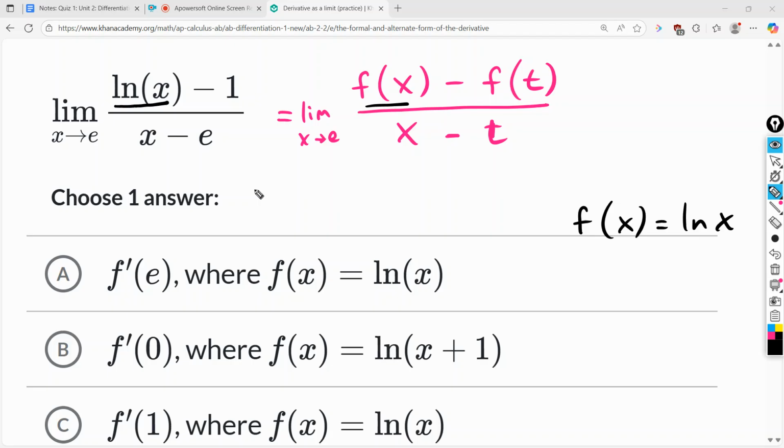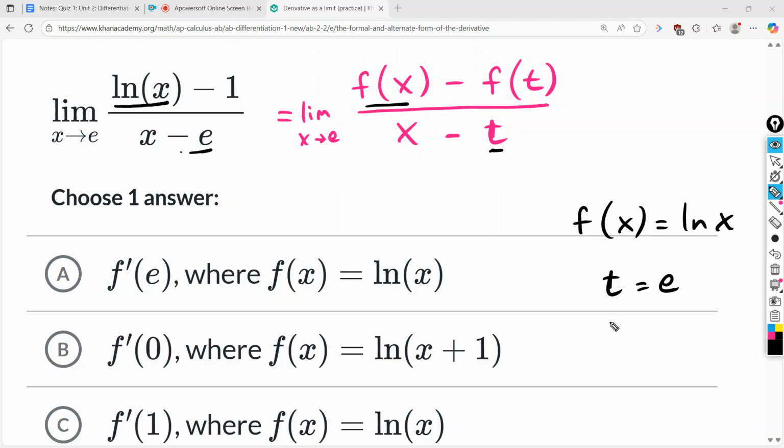And let's see. We can see x minus t, x minus e. So we can clearly see that t equals e. And basically, since t equals e, okay, that's the point where we're trying to find the derivative.